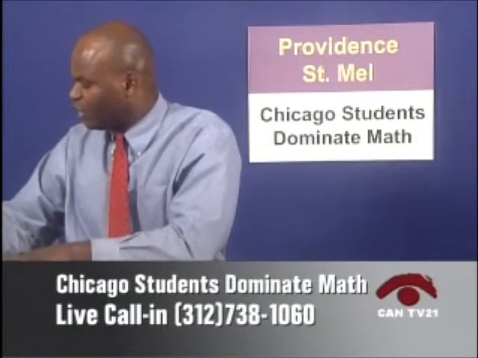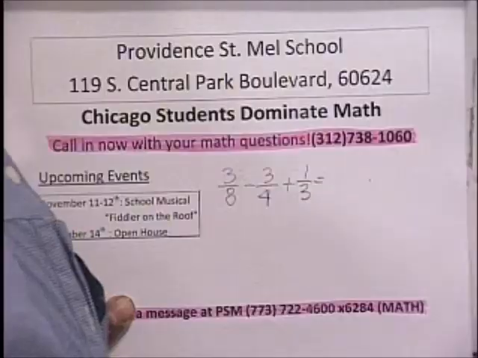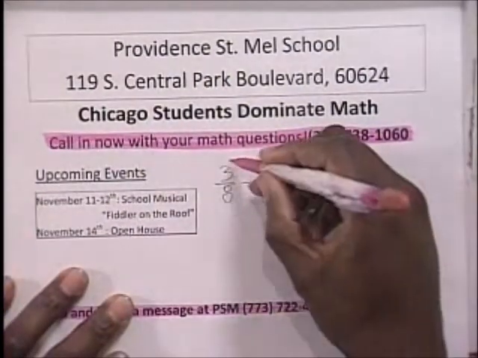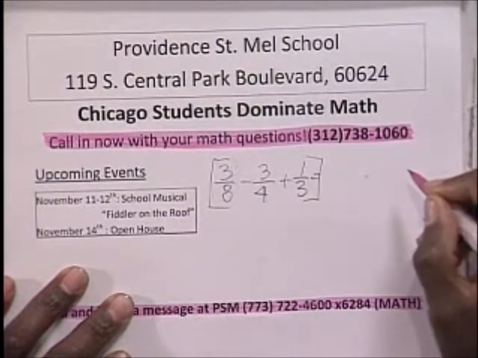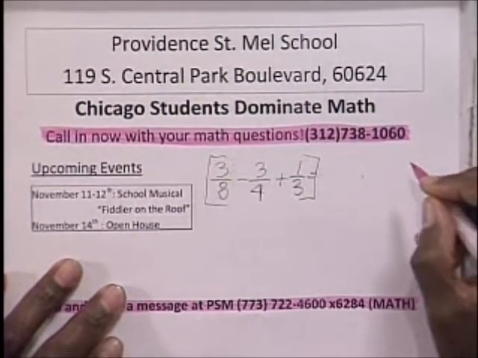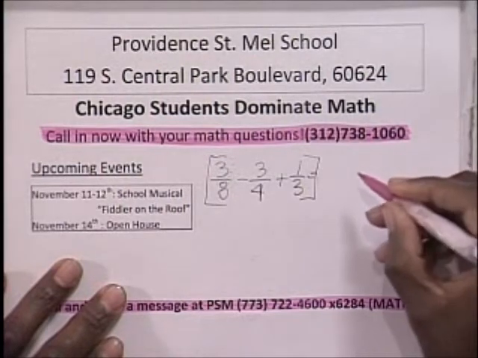So okay, let's solve this problem using the horizontal technique. All right. So we have 3/8 minus 3/4 plus 1/3, right? Yes. Tell me what you did. What did we multiply all that by? Okay, actually I did another way.